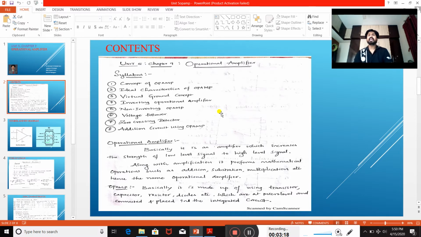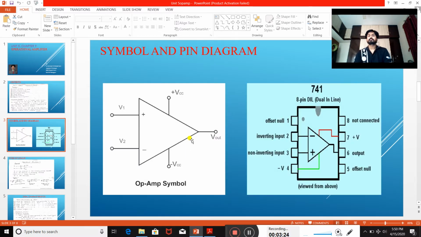This can be explained with the help of the symbolic diagram and pin configuration. These two diagrams show the symbol and pin configuration. This symbol consists of two input terminals and one output terminal along with two supply terminals.